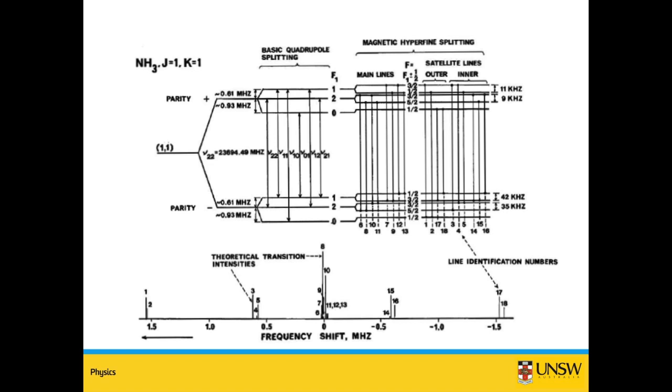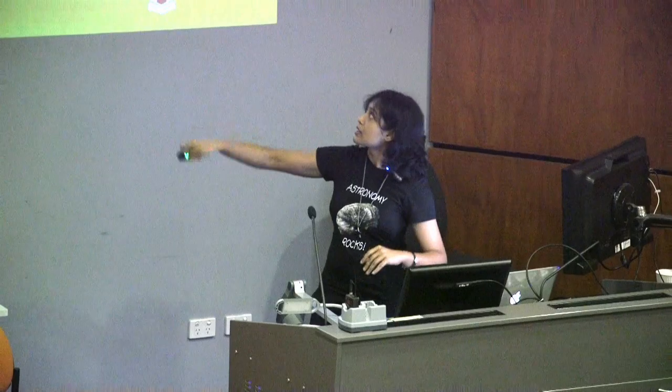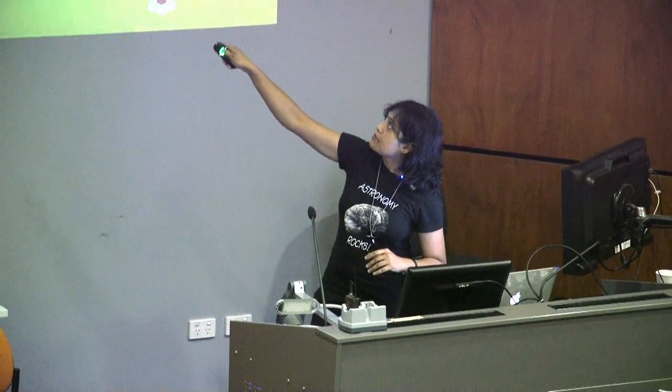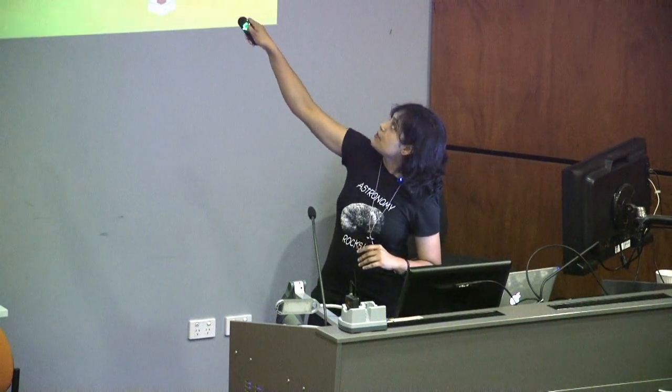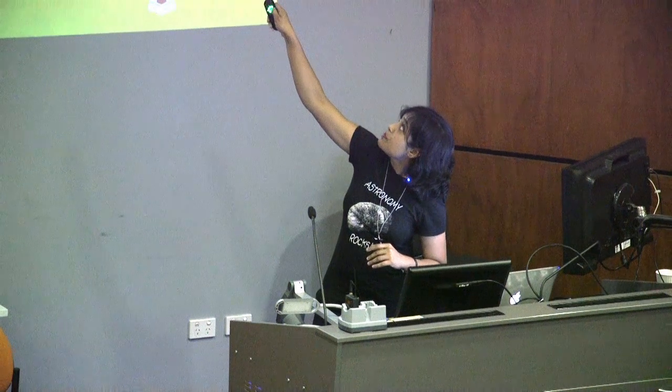And due to quadrupole splitting, or the one I was talking about, that vibration, it splits again into 3 different levels for ammonia. Again, each of them splits too due to magnetic hyperfine splitting. That's what we call it: the magnetic field splits them up again, and that's called hyperfine splitting.